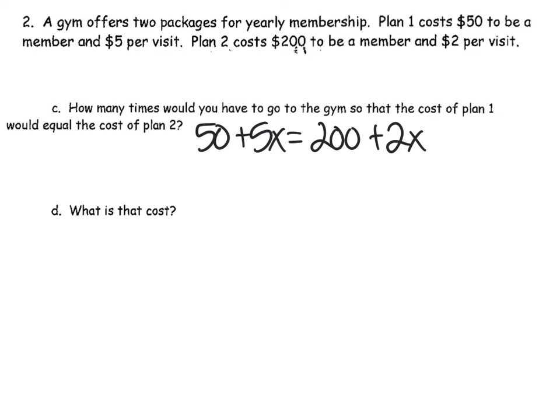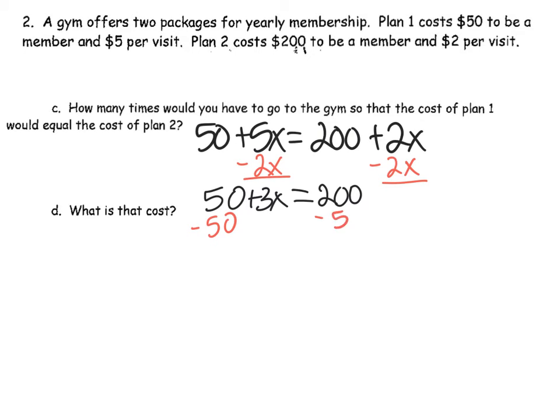Move the smaller variable over first. Now move the 50 over so you get the numbers together, the constants together. Last step is to get x alone.